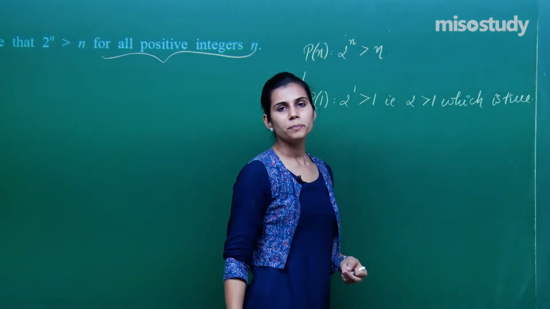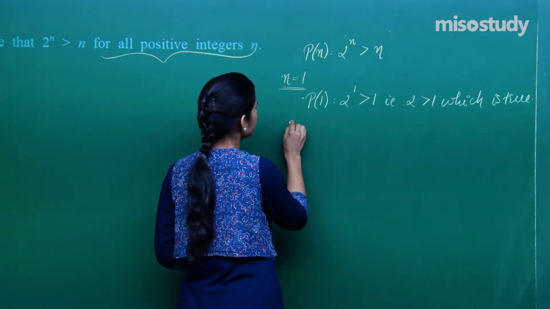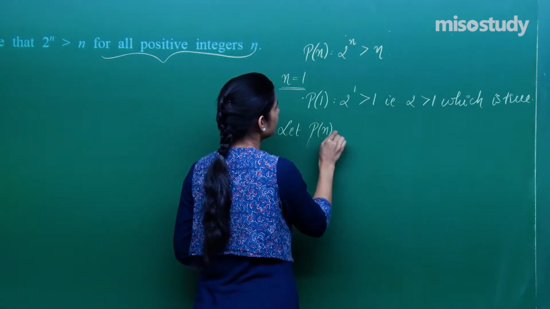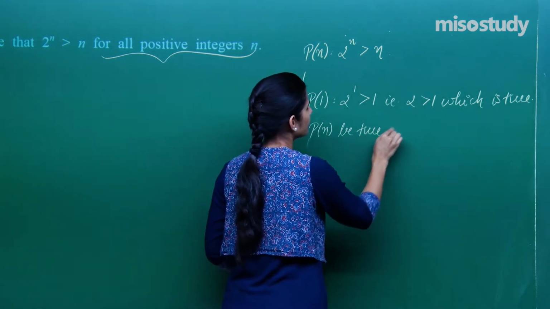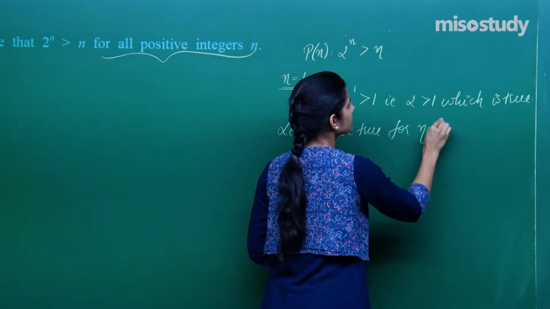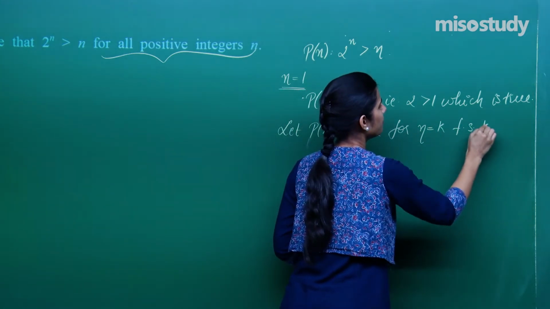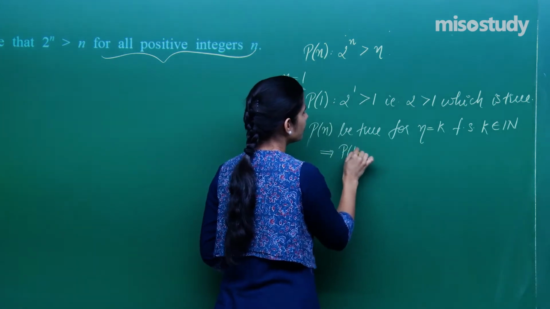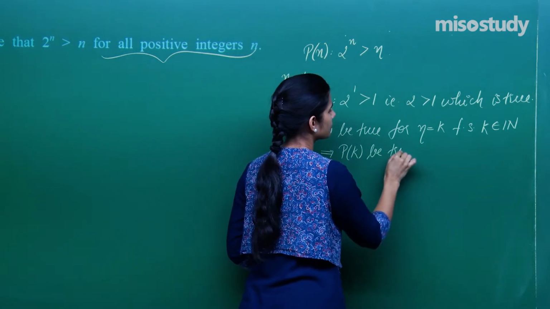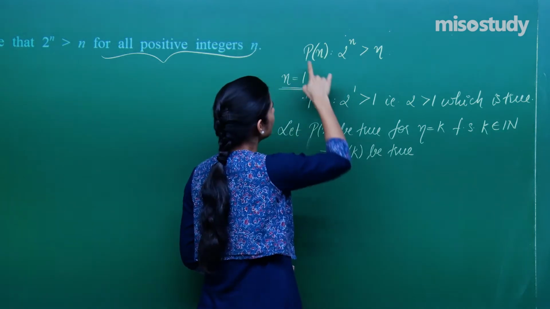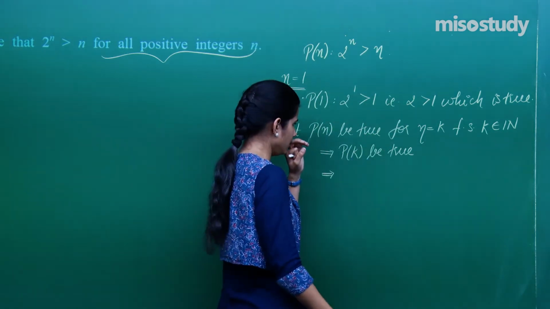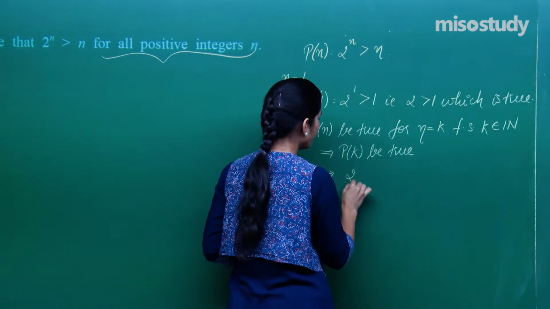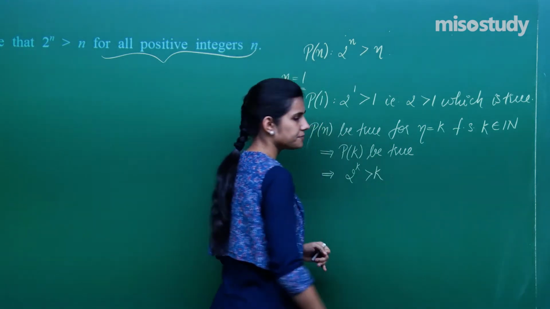Obviously 2 is greater than 1. If Pn is true for n equals 1, next step is let Pn be true for n equals k for some positive integer k, which implies let Pk be true. Pk be true means 2 to the power k is greater than k.